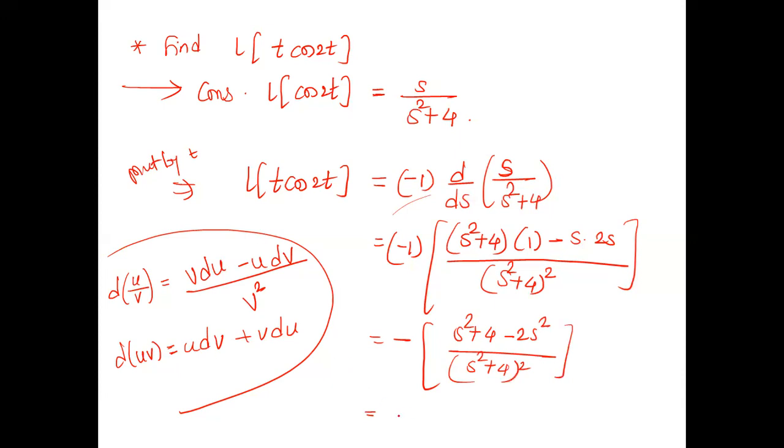So minus s square minus 2s square, that is minus of s square minus 4 upon (s square plus 4) bracket square. So this negative we can finally multiply inside. That is, s square, then minus 4 upon (s square plus 4) bracket square.